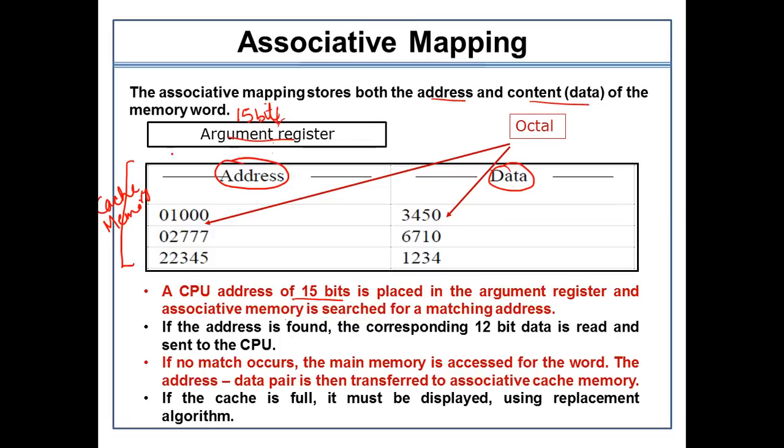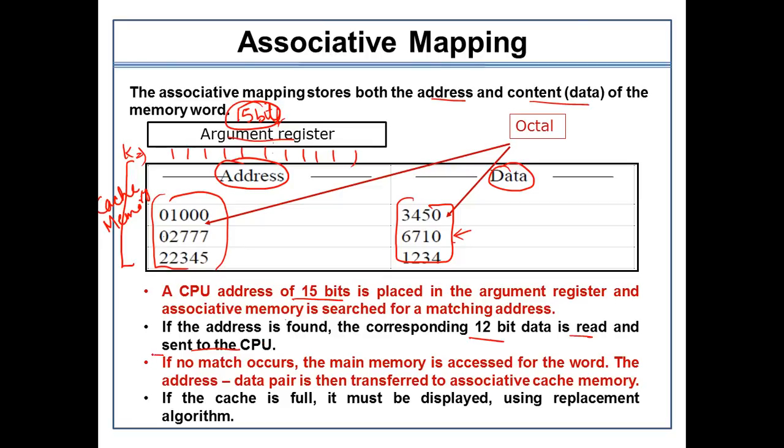We will just provide the 15-bit key here, which will determine these 15 bits of address. And if that address is matched with the data which is stored here, then the corresponding 12-bit data, wherever the match has been found, will be taken out, read and sent to the CPU. So this is how we will perform this associative mapping.